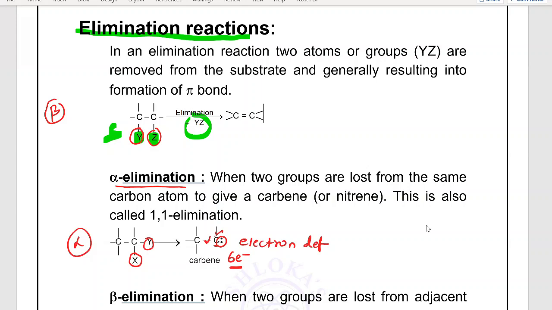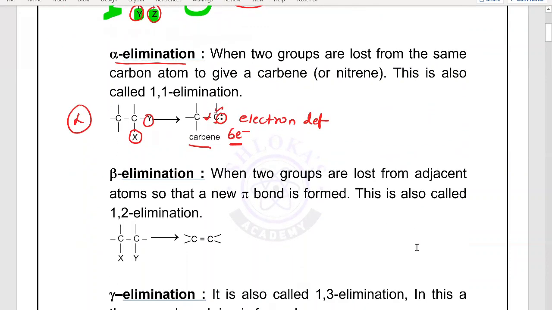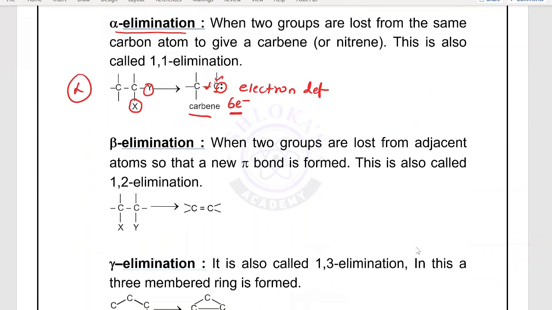Beta elimination results in the formation of alkene, and alpha elimination results in the formation of a carbene, which is an electron deficient species. In beta elimination, as already discussed, the two eliminating atoms must be removed from two adjacent carbon atoms.